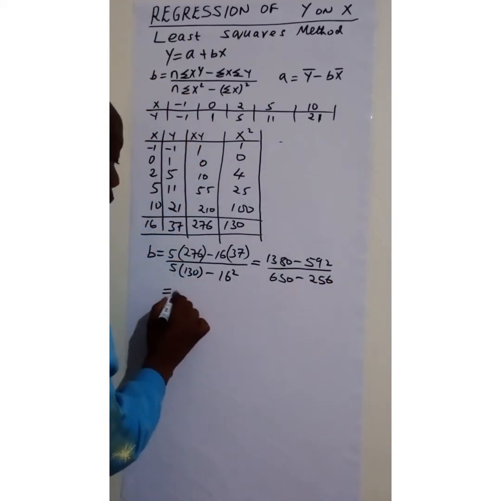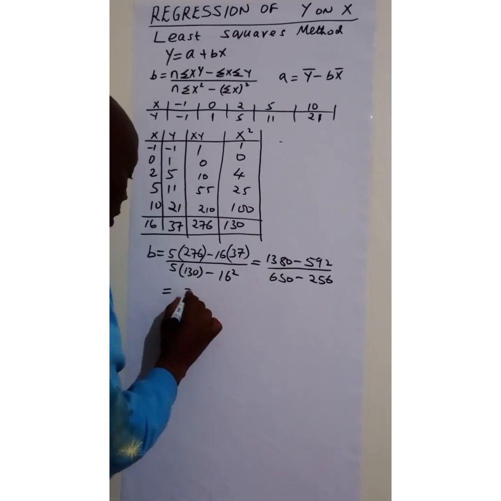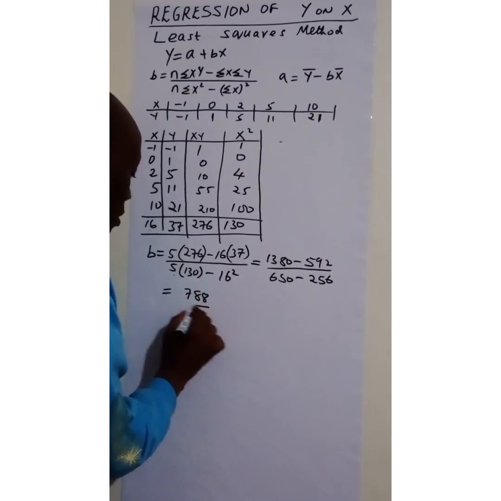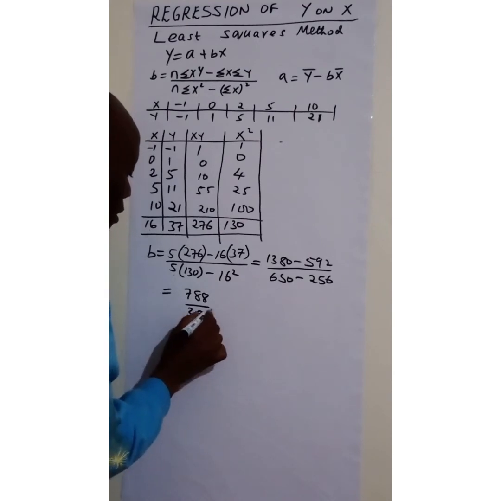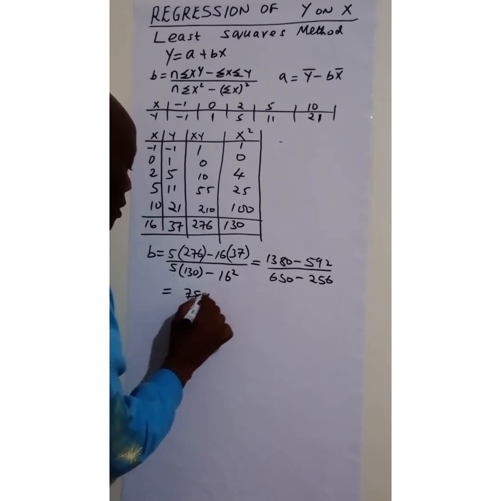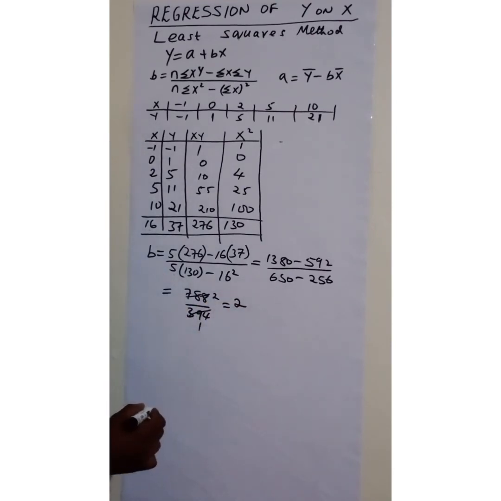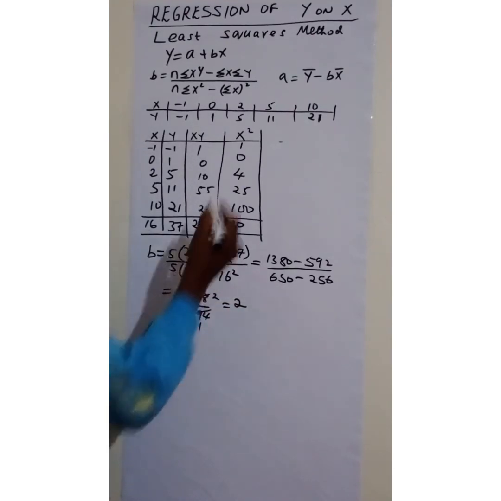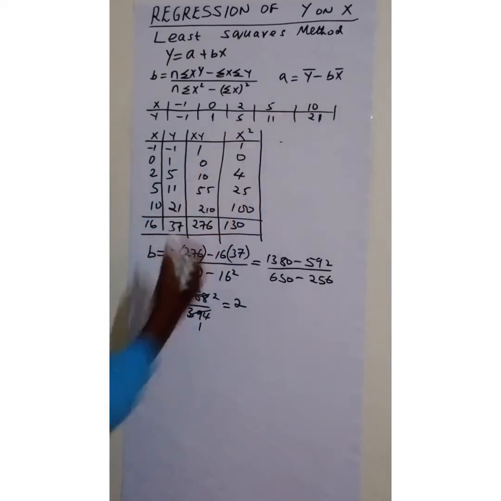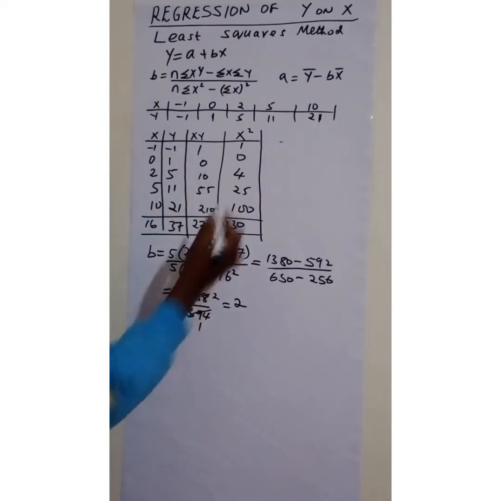So that boils down to 788 over 394. Then this cancels twice, so the answer is 2. Our b is 2. Then we come and calculate a.